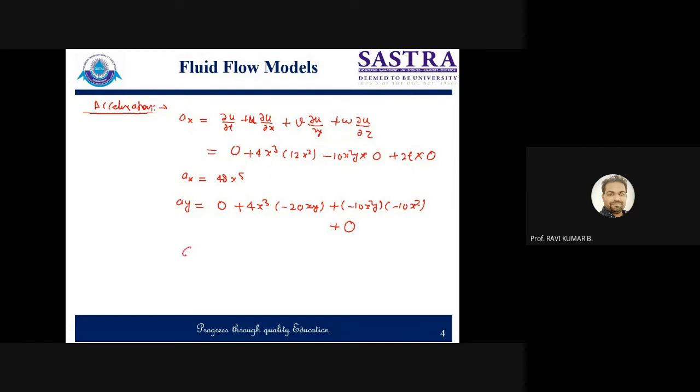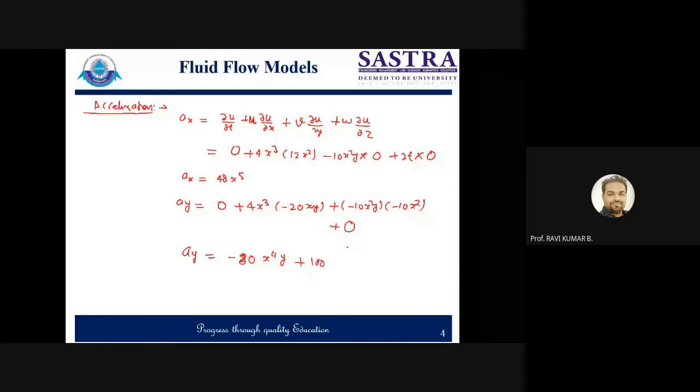What are you getting out of this? ay is equal to, just multiply inside. So you will be getting minus 80 x^4 y as the first term, and this becomes 100 x^4 y, and if you multiply this, you will get plus 20 x^4 y. So this is your ay.